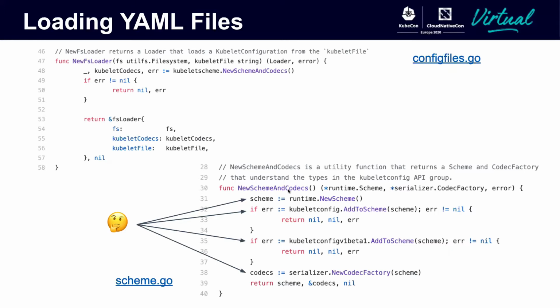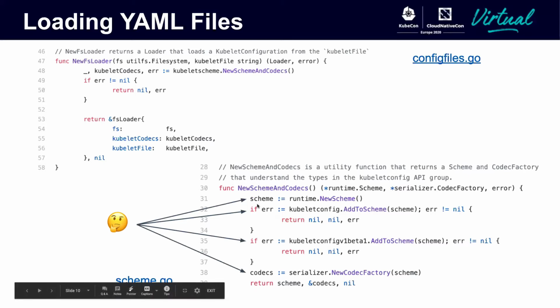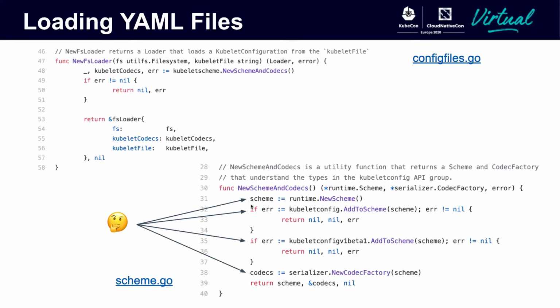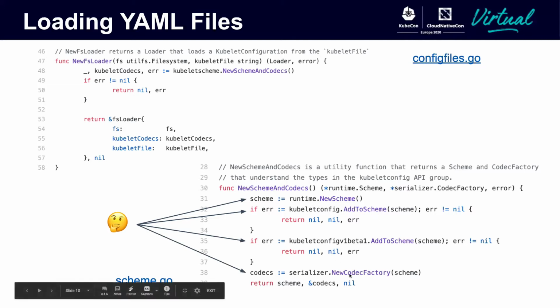And in scheme.go, you see it returns a scheme, a Codec Factory, and an error. So there are a couple of points here which I obviously didn't know exactly what they were. We have a scheme which gets returned from the runtime package. Then some things are added to the scheme. And then we take the scheme and return some codecs, right?